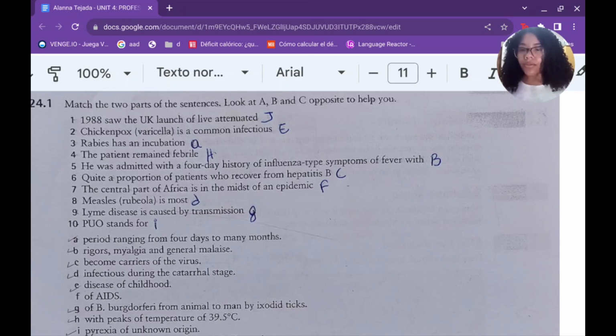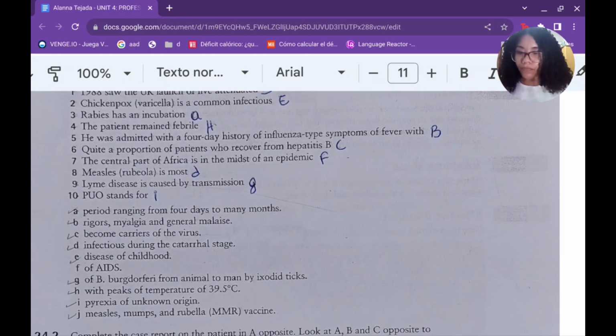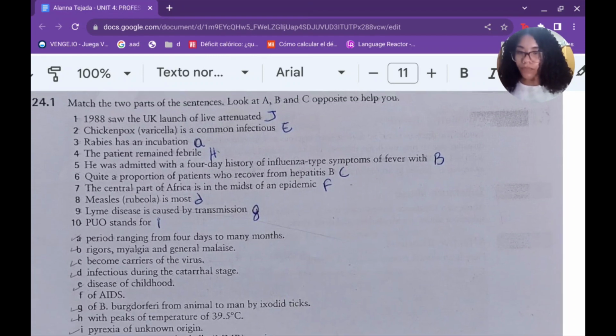3. Rabies has an incubation period ranging from 4 days to many months. 4. The patient remained febrile, with peaks of temperature of 39.5 Celsius. 5.